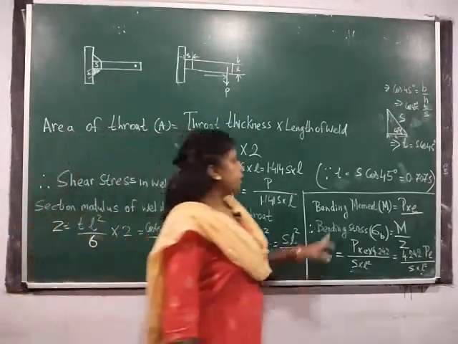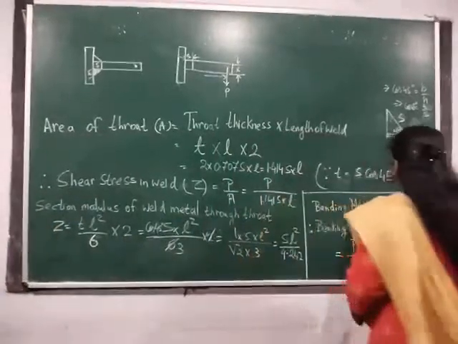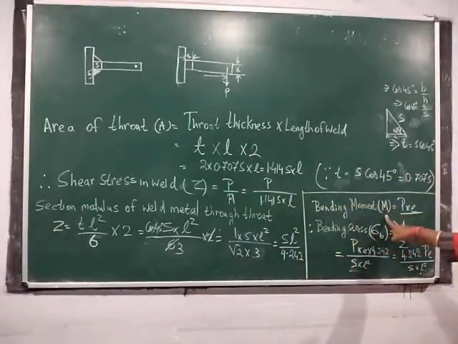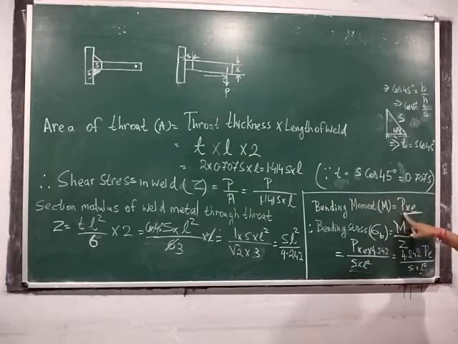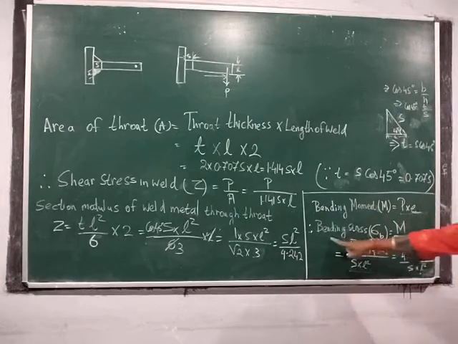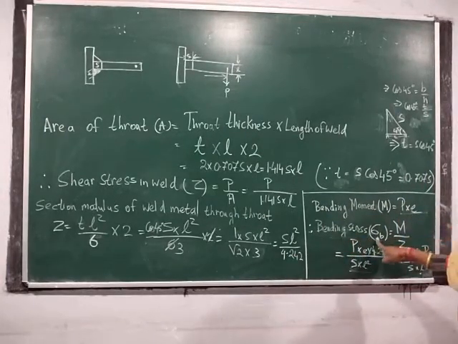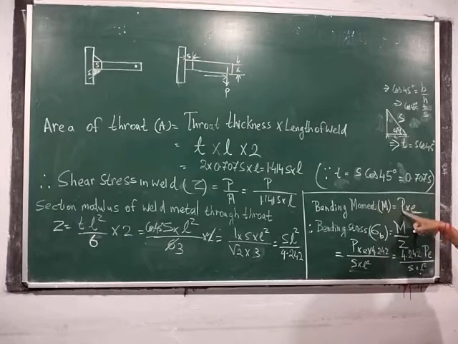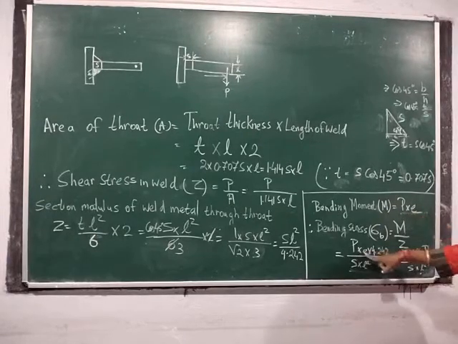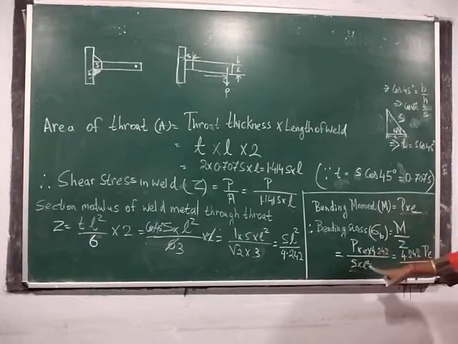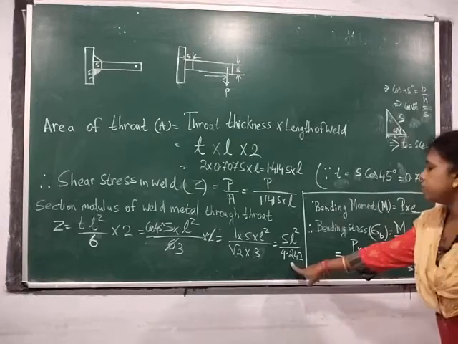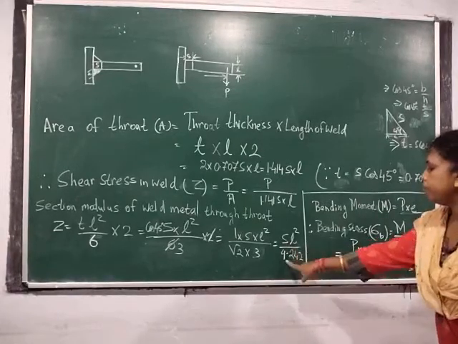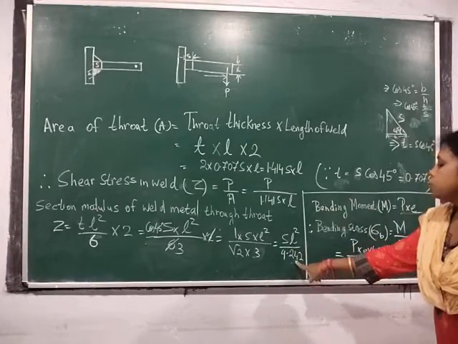Next is the bending moment. So bending moment, denoted by M, is nothing but P into E. Next, bending stress is denoted by sigma B, equal to M divided by section modulus, that is Z. So in place of M I am writing P E, and in place of Z I am writing the value of Z, that is S L square divided by 4.242.